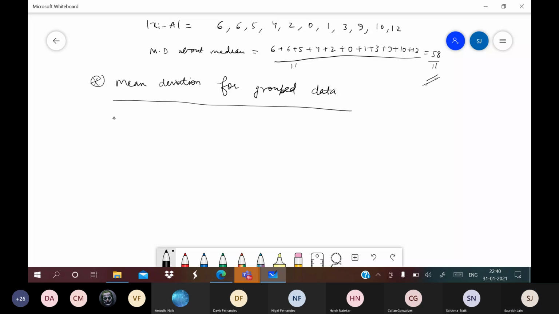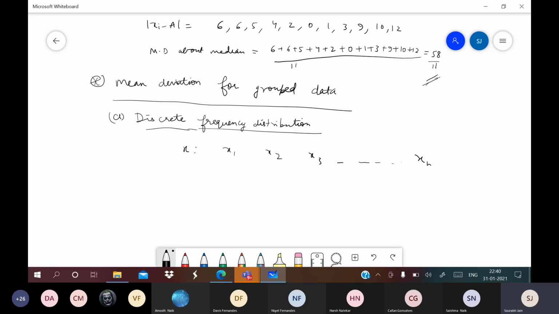So for discrete frequency distribution, there were some values of variable x, let's say x1, x2, x3, up to xn, n values are there, and then how many times each value is repeated is also given.